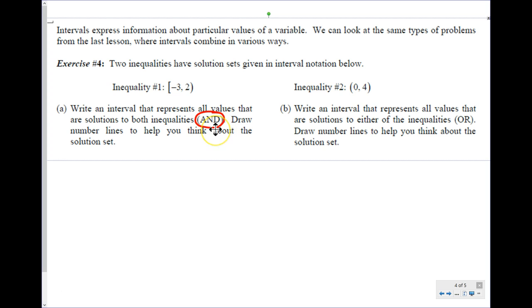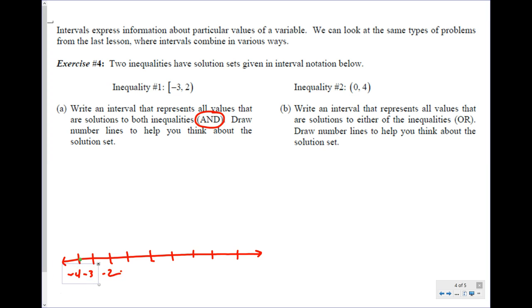And we're going to draw number lines to help you think about this. So let's draw a number line. Okay, here's my number line. I'm going to draw a number line to help see this solution better. So there's my number line.